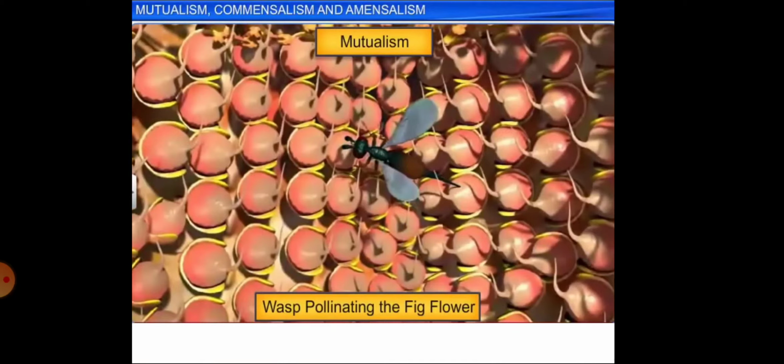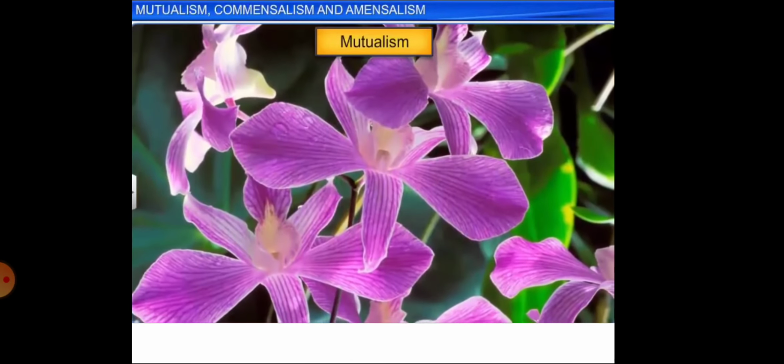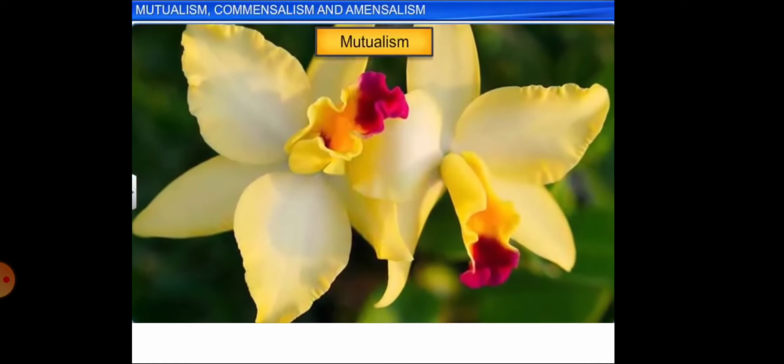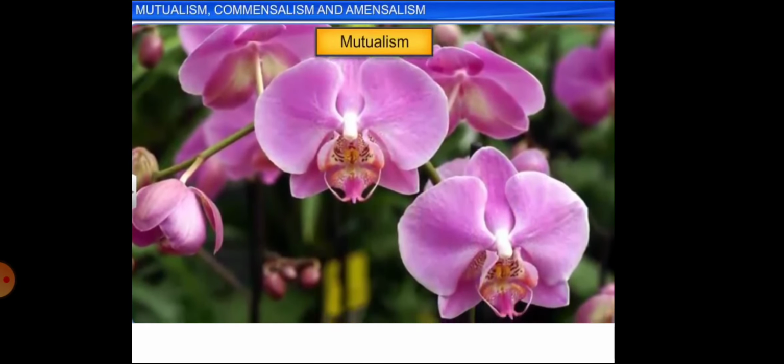In addition, the developing seeds inside the fruit provide nutrition to the growing larvae. Mutualism is also seen in many orchids that have evolved to attract the right pollinator insect and ensure that pollination takes place.